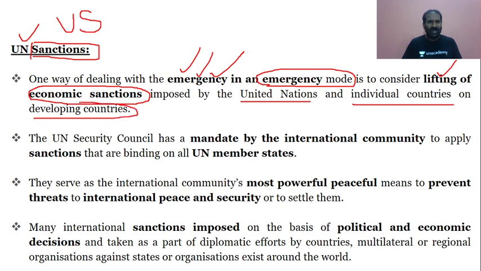This is the catch at this moment, that the United Nations and the individual countries' sanctions on a few of the developing countries have to be lifted, so that the entire world is coming together and handling the situation effectively in regards to the health crisis, and then the aftermath of the health crisis, which is the economic crisis.